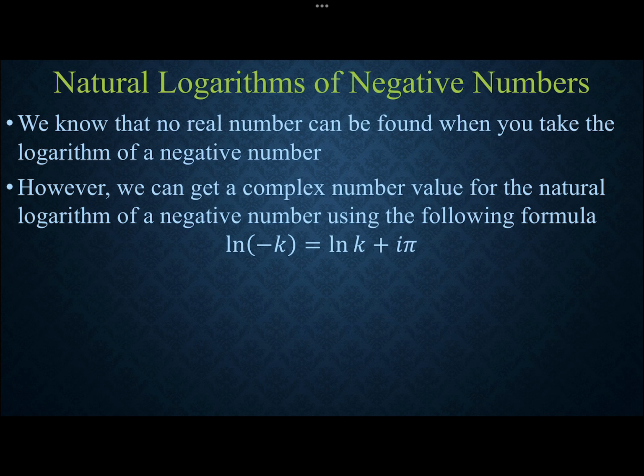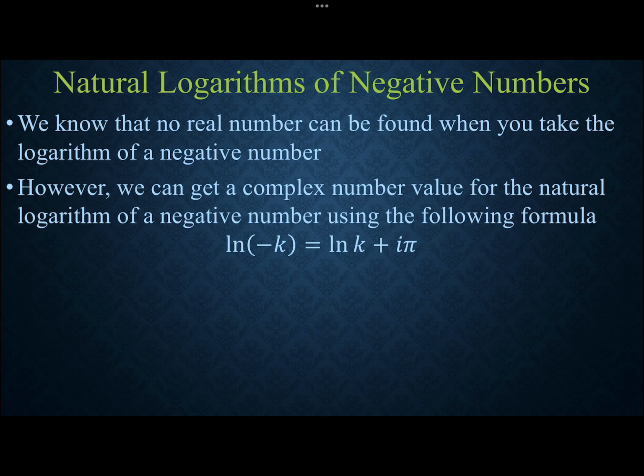Final thing we can do with this stuff, an interesting little factoid. We know that we can't get a real number when we talk about logs of negative numbers, and that's why it's always been specified as not real, implying you can get an imaginary complex number. So this works for the natural log of a negative number. ln of negative k just becomes ln of k plus i pi.